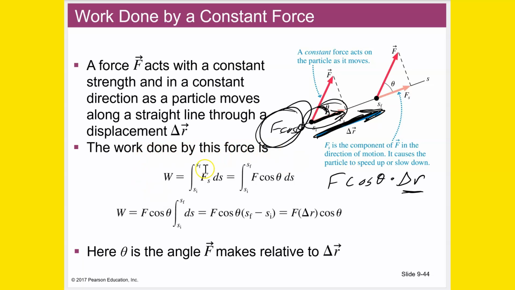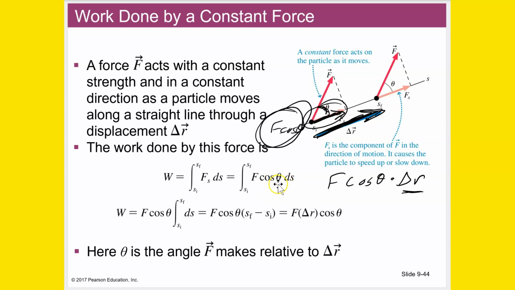The work done by this force is what we've said before. It's the integral of the force in the S direction, ds, which is the magnitude of the force times cosine of the angle, ds. And this is constant, so it comes outside of the integral.